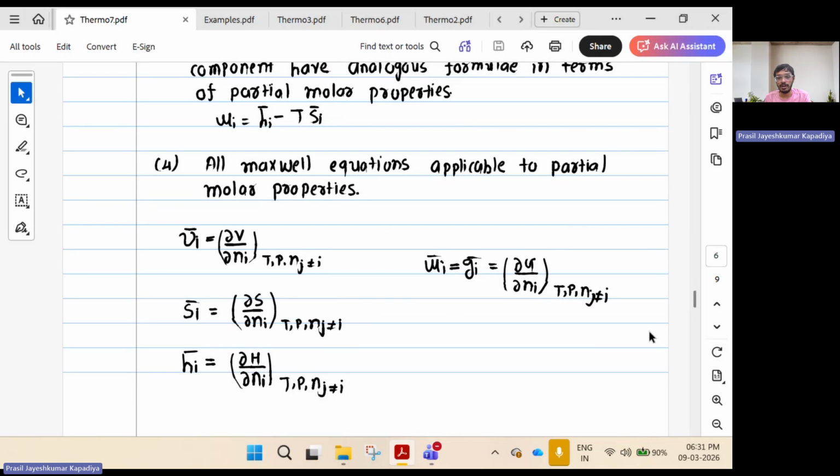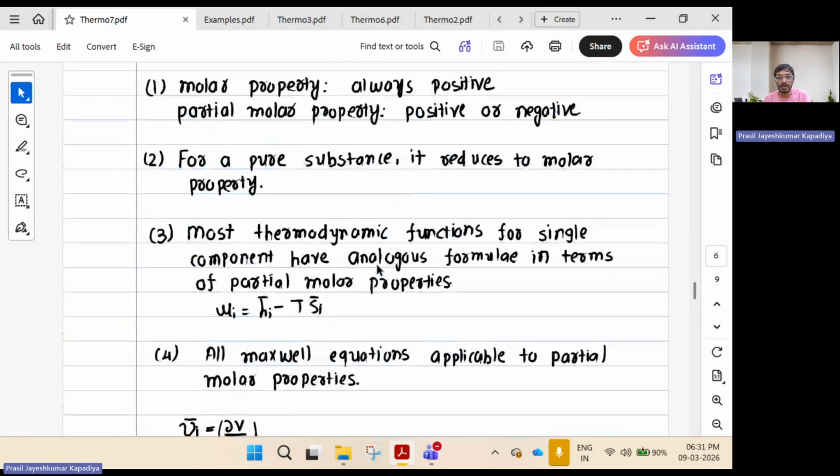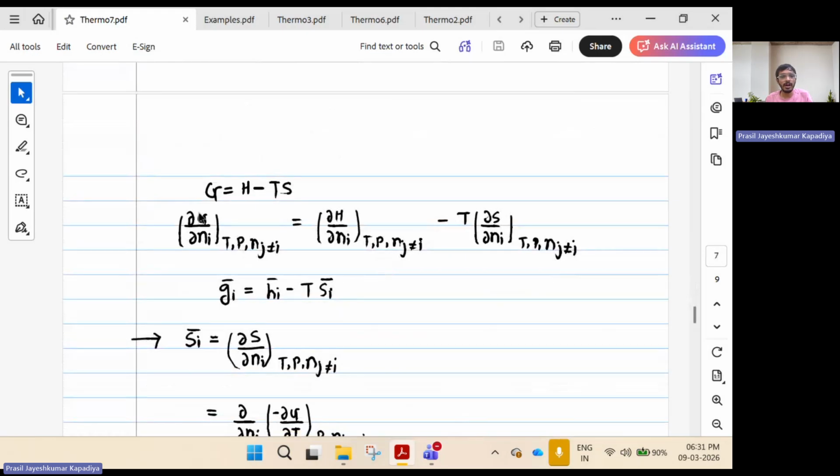This is only for the Gibbs free energy part, because the chemical potential mu was defined at constant temperature, pressure, and moles, and these partial molar properties are also defined at constant temperature, pressure, and moles. Okay, so we have developed this relation in earlier classes: G is H minus Ts.